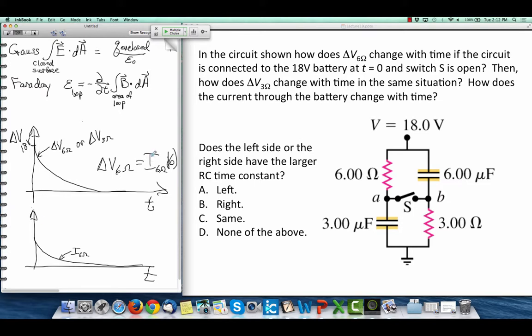The current is twice as big everywhere. Then the current through the 3 ohm resistor is going to be twice as big as the current through the 6 ohm resistor. And the current through the battery is going to be the sum of those two.